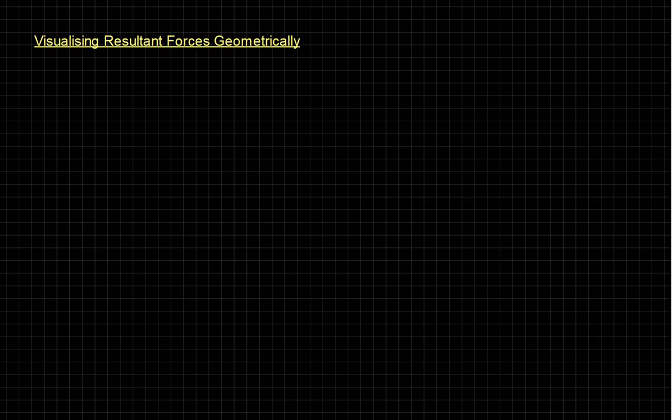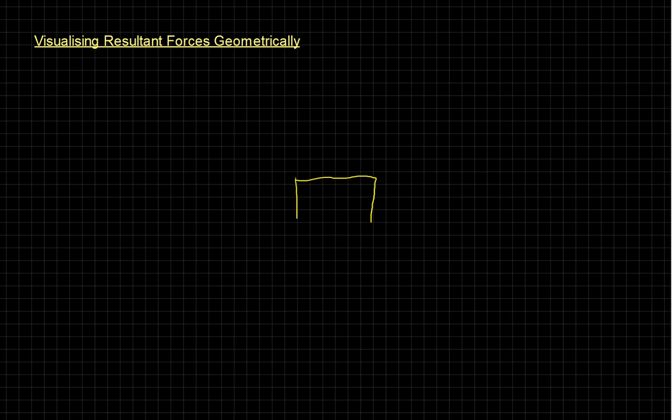Okay, so what I first want to talk about is visualizing the resultant forces. Now, we've talked a little bit about this before, but let's say I take an object, in this case some sort of box, and I'm going to say there are three forces acting on it.